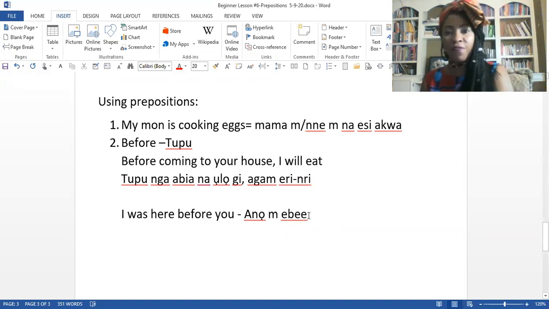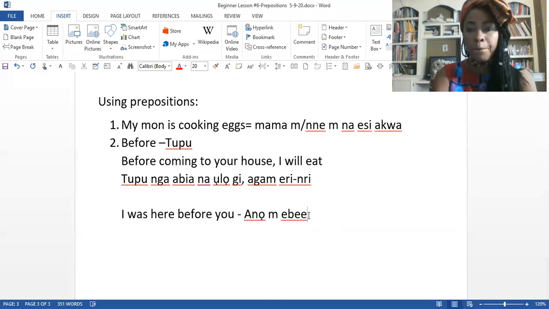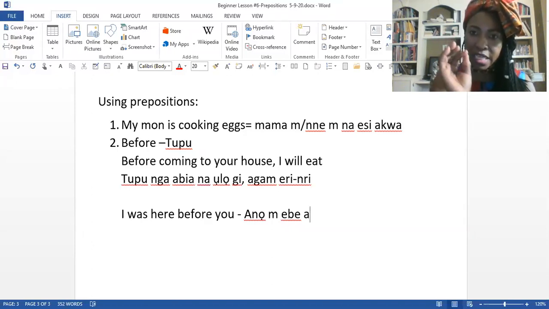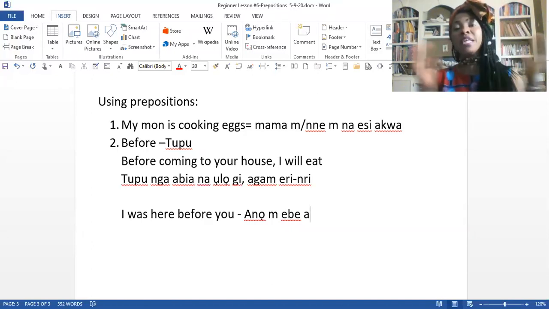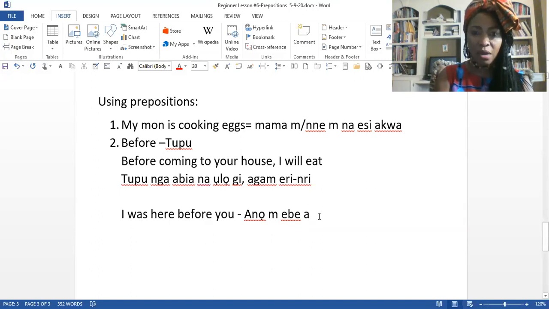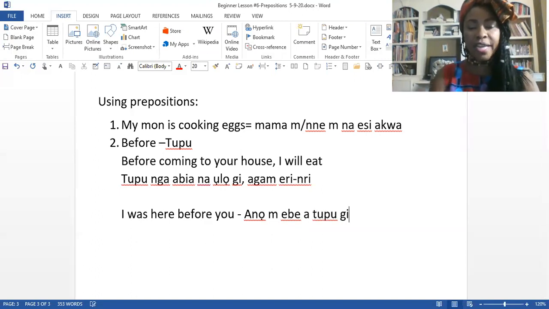So the long vowel, eba. Some people will say eba. That's the correct Igbo way to write it. But it's okay. Now that you're learning, it's okay to say it either way. It doesn't matter. Anọ m ebe a, tupu gị.